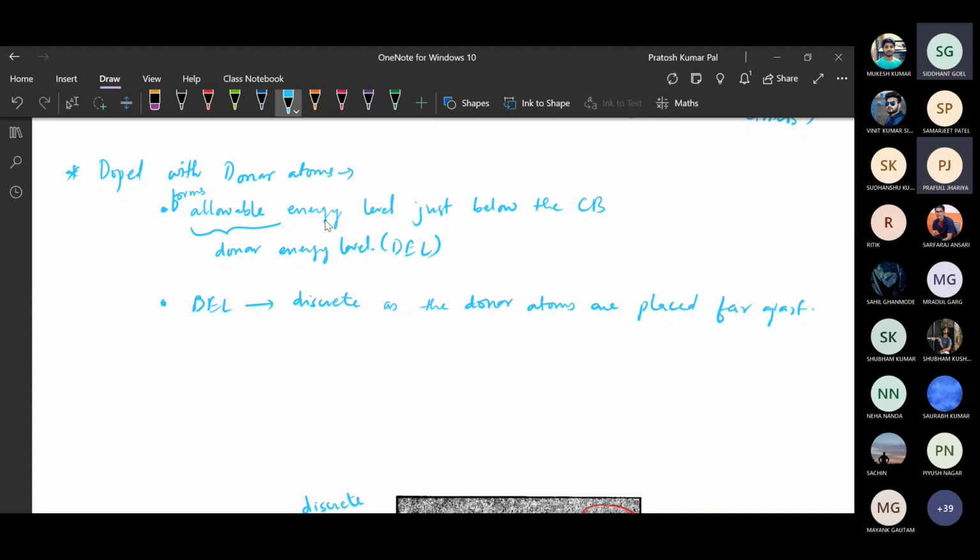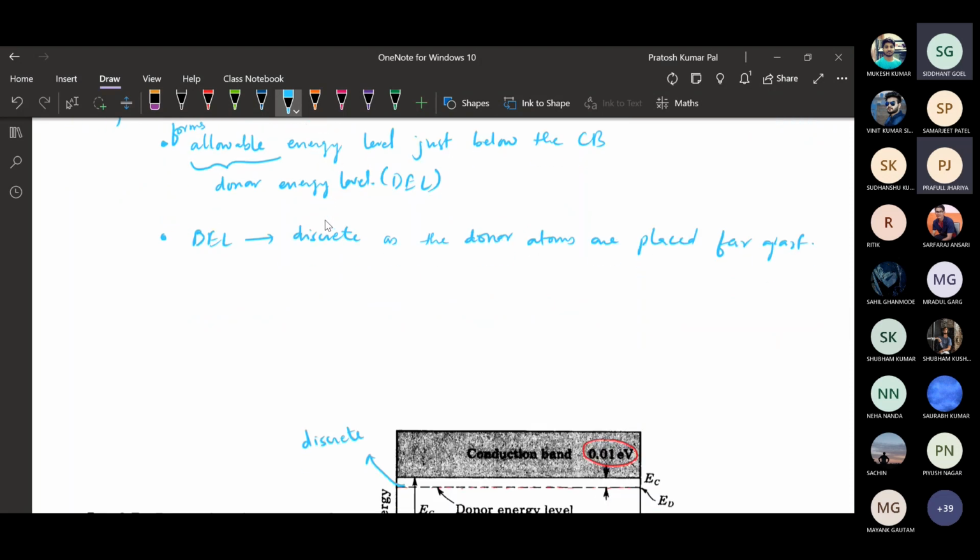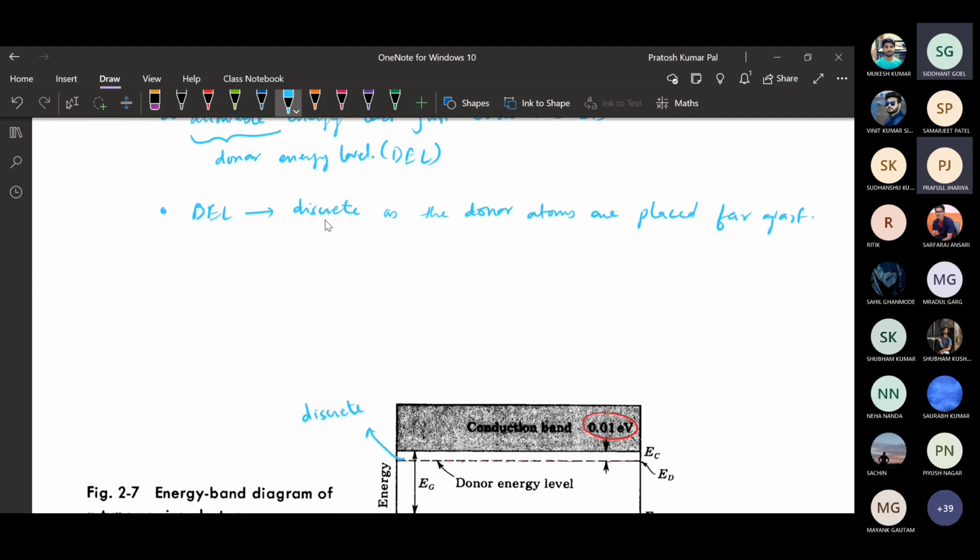Those donor atoms constitute the donor energy level, and this donor energy level is not a combined energy level. It is discrete in nature, meaning it has different smaller energy levels with very little difference between them. Overall, by forming all these, it will form this donor energy level.